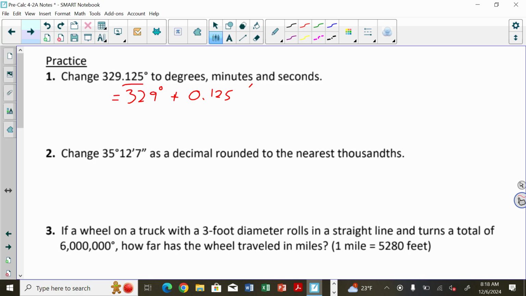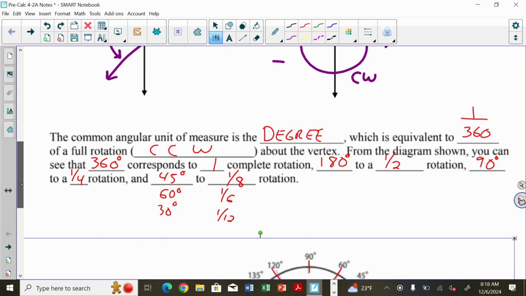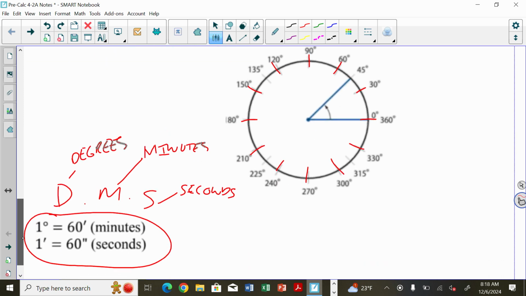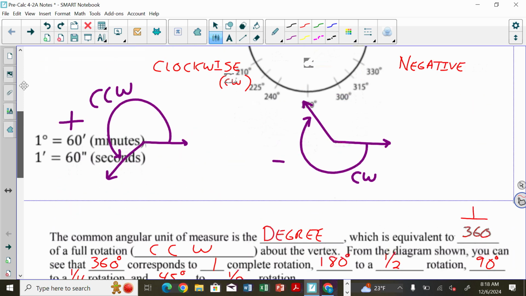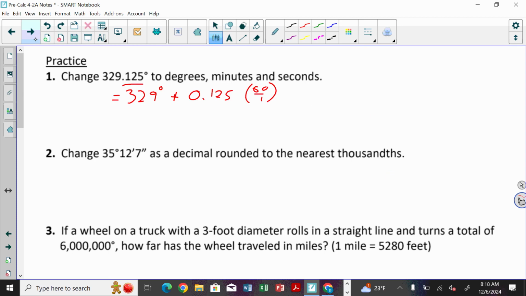What I want to do is multiply it by 60 over 1, because 1 degree equals 60 minutes, from back here.